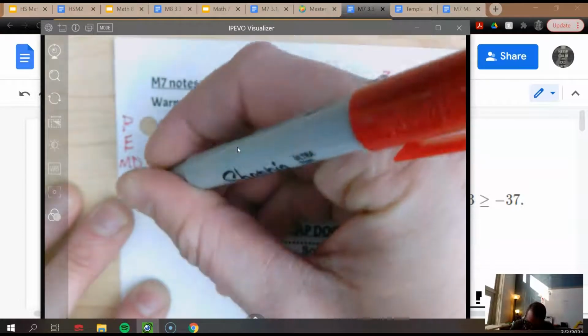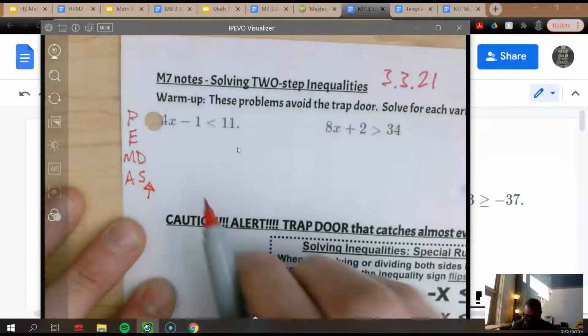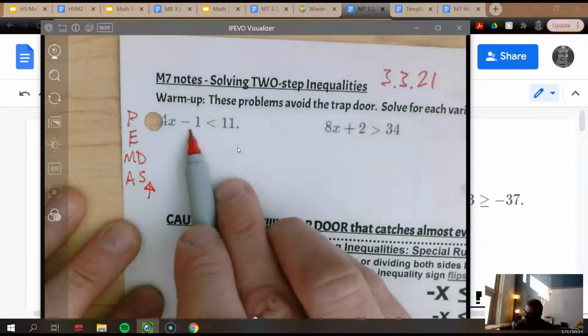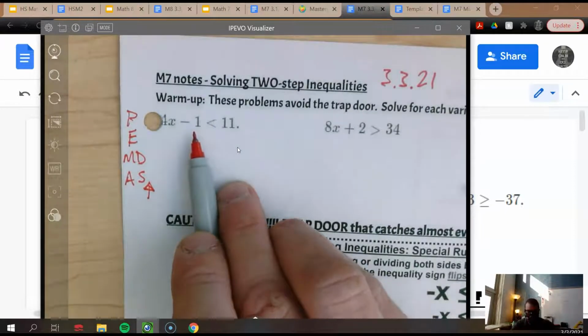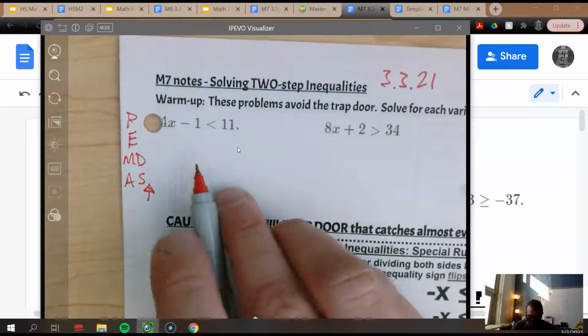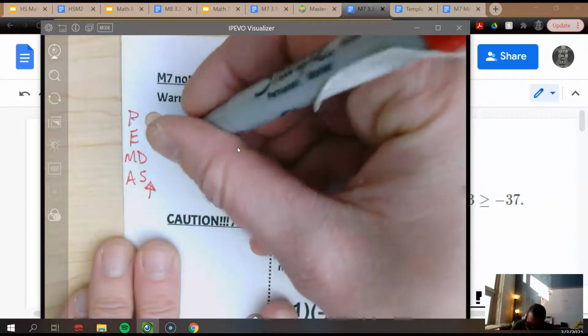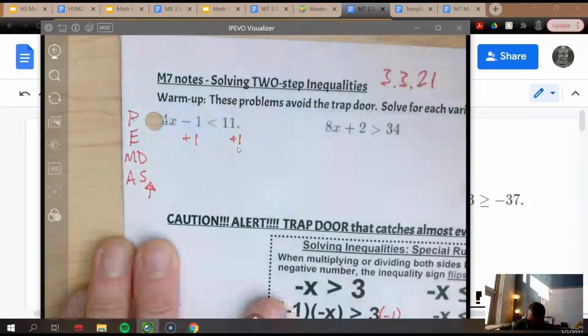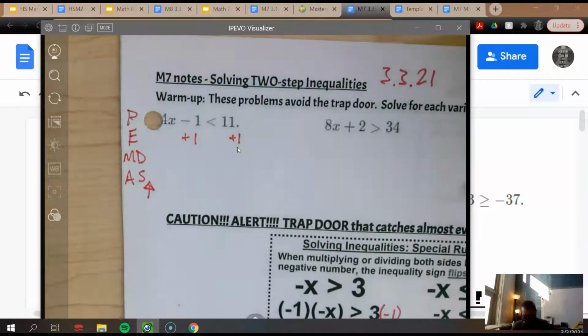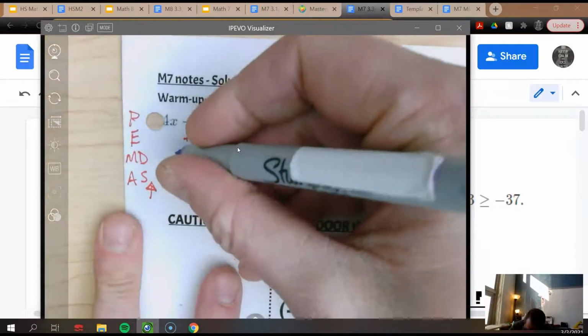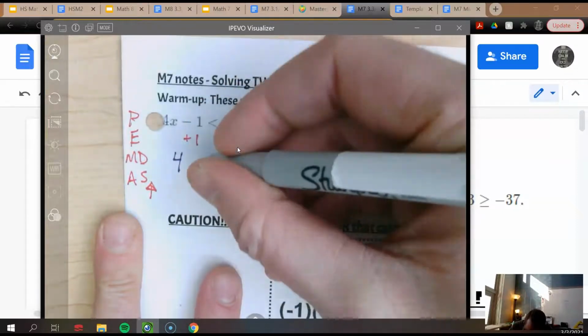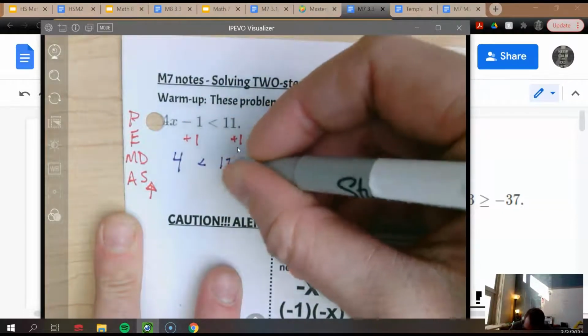Remember that we're going up, so we actually undo addition or subtraction first. Lily, how would we undo that subtraction? Yeah, we add 1 to both sides. That now leaves us with 4x is less than 12.